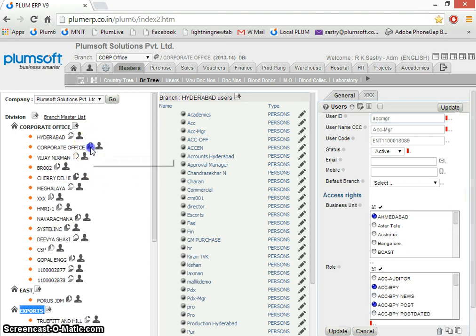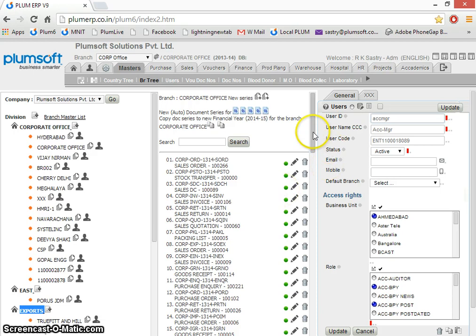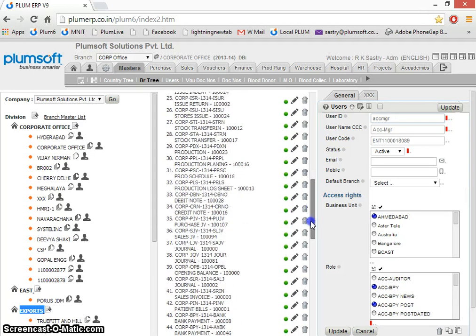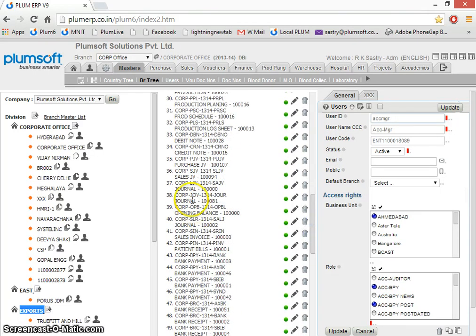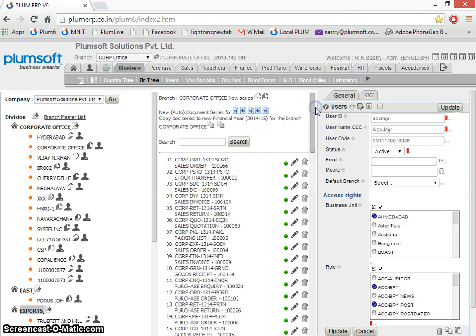Similarly, each branch has lots of documents to be prepared, like a journal voucher here, a debit note over here, or a production planning, and these are created based on the type of operations being conducted in that specific branch.